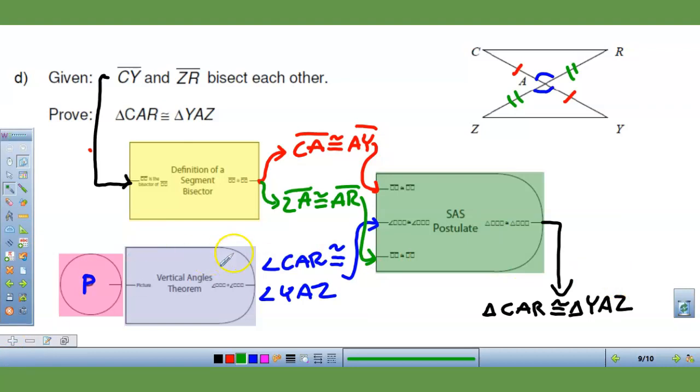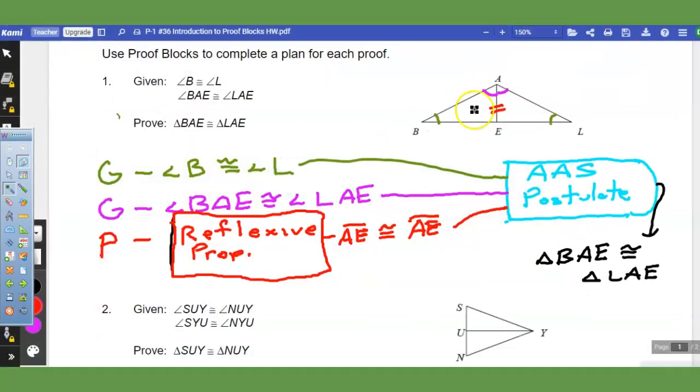Look at that first problem and what that should look like on your homework. Up here, you see what you can write out. Now, you don't have the actual cards, but you could just draw a box, write reflexive property in there, congruent statements, and draw the postulate or theorems for the triangle congruencies, with the rounded edge just like they are on the proof blocks, and then what it's actually proving.